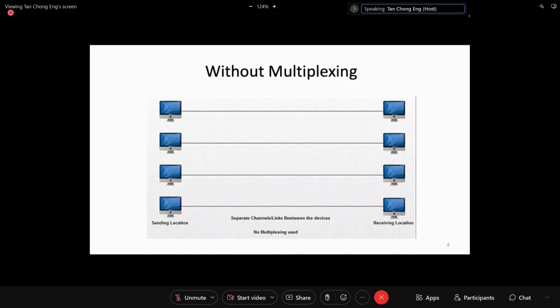If you look at this diagram, this is when you do not have multiplexing.